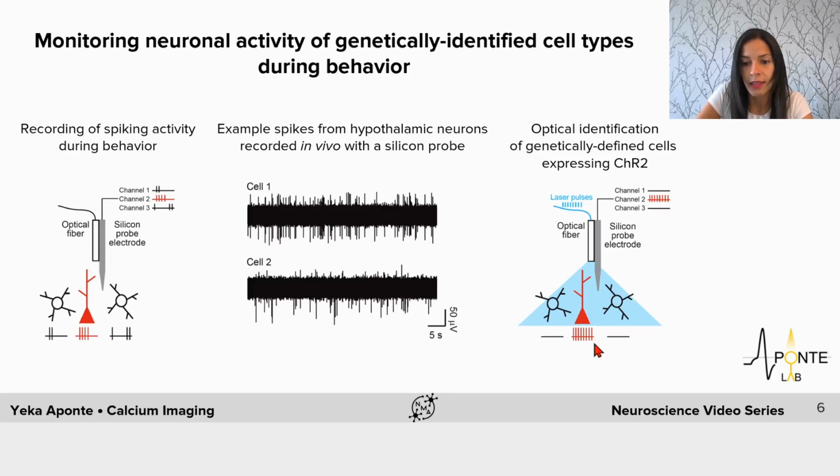And the idea here is to use optogenetics to identify spiking activity or spiking units corresponding to a genetically defined cell that expresses channelrhodopsin. A major advantage of this strategy is that it allows us to measure single action potentials reliably with millisecond precision.